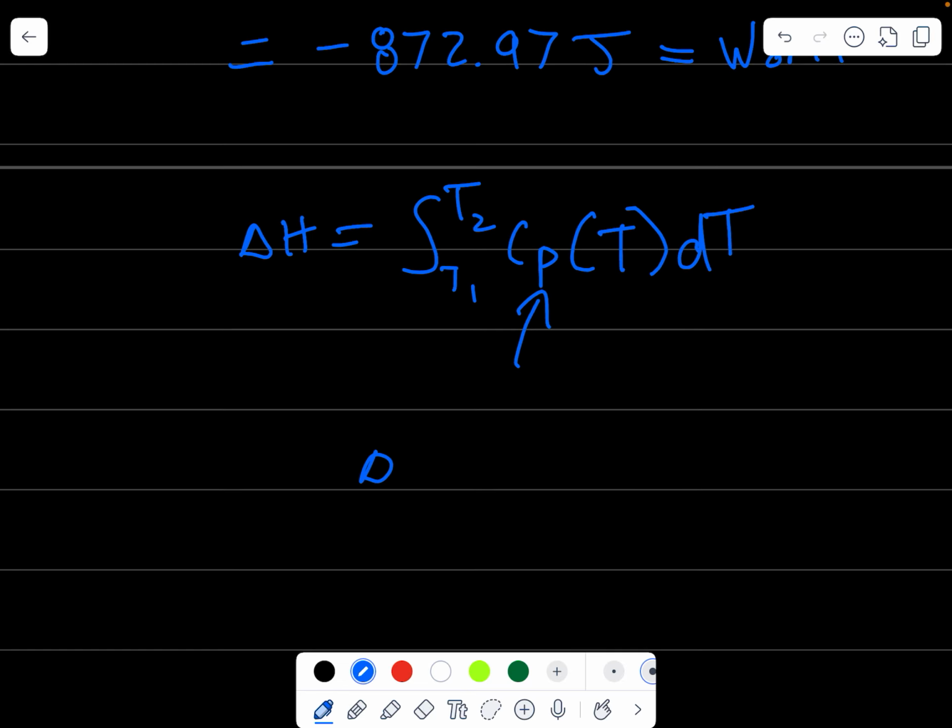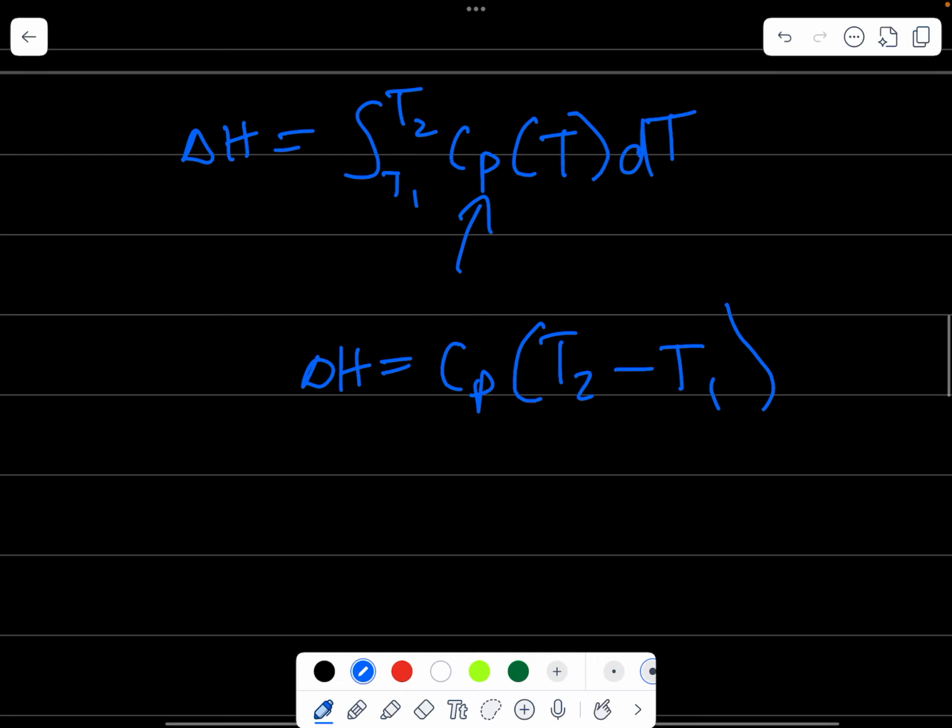So we have delta H equals Cp times T2 minus T1. And in this case, for a monatomic gas, we expect the Cp value to be 5 over 2 R times T2 minus T1.